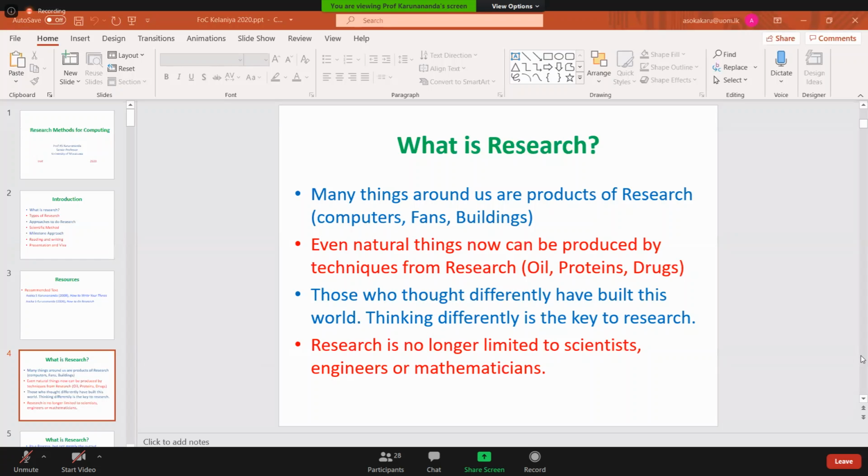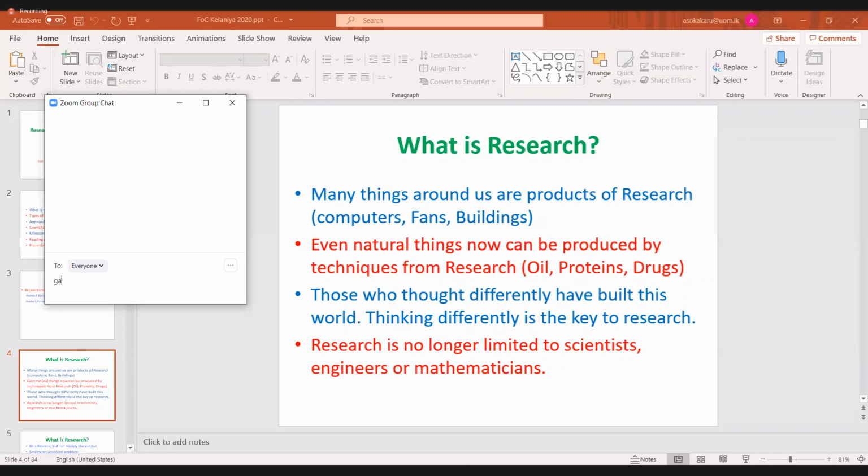What else? From the silencer, what do you get? Can I name one person? Charmini, from the silencer of a vehicle, what do you get?